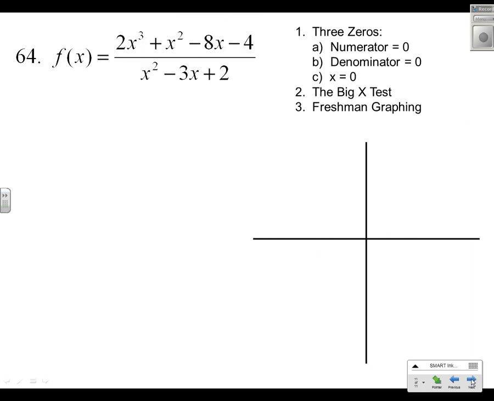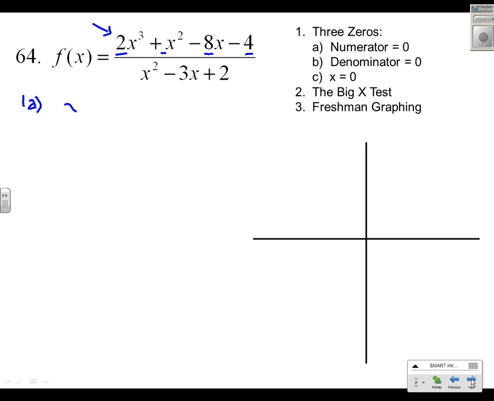Okay, let's take a look at this guy. Let's just start with numerator equals 0, 1a. If the numerator equals 0, it'd sure be nice if this factors, and I see that we're in ratio 2 to 1, 2 to 1. So this guy's going to factor by grouping.